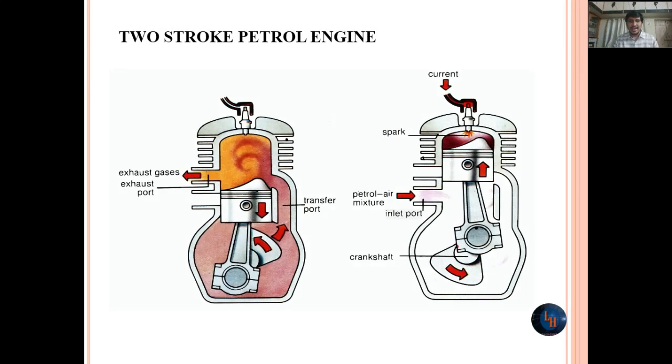This is the line diagram of a two-stroke petrol engine. Here the piston is at TDC. At that time the fresh charge, meaning the mixture of petrol and air, is in a compressed condition. At that time, with the use of the electric spark plug, a spark is generated in this combustion area.